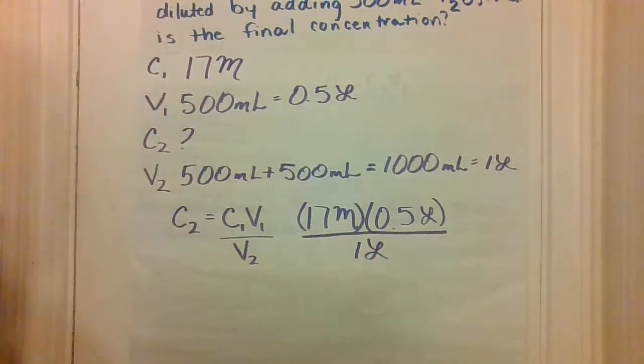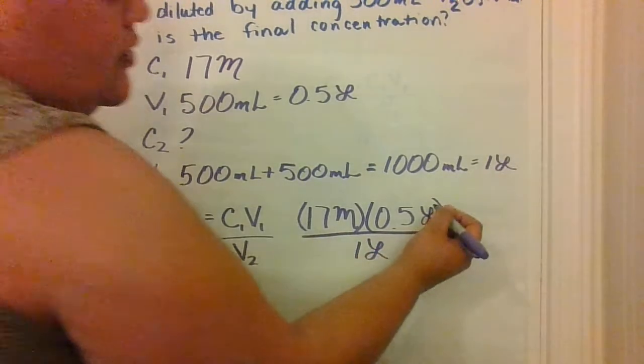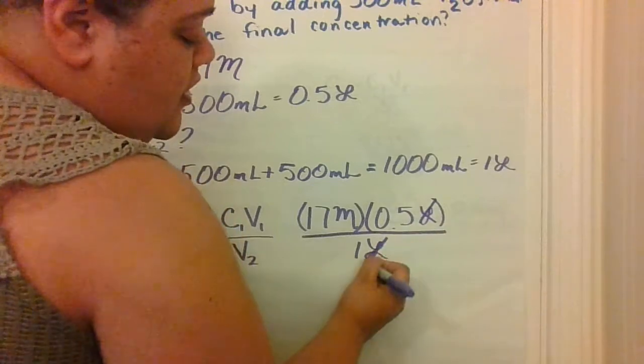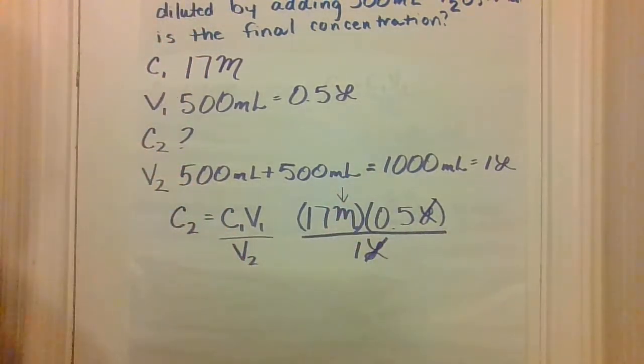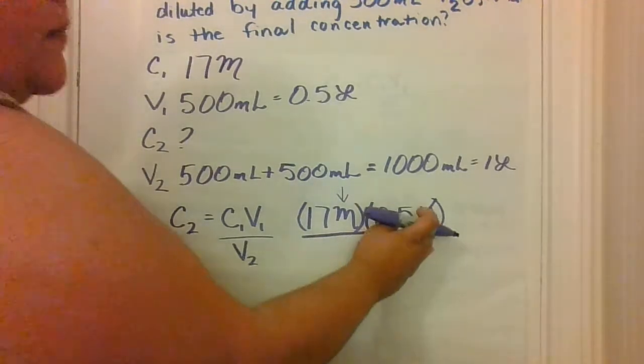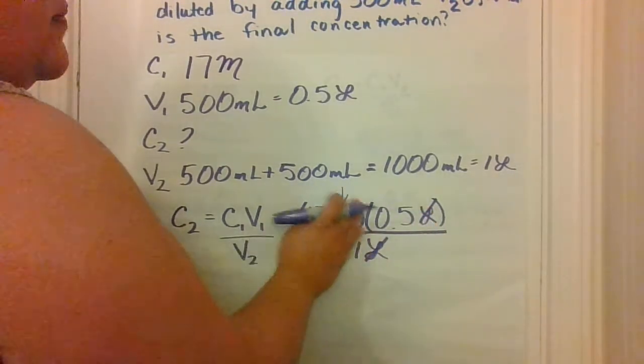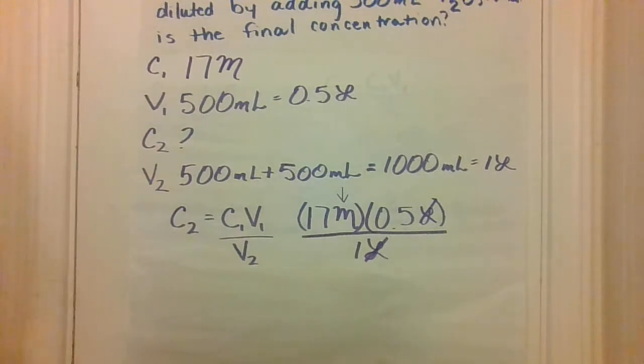Before we do any mathematics, make sure that you go back through and cross out any like terms to make sure the term that you need your answer in is actually what is remaining. So we cross out both liters and we're left with molarity, so we know that we have the right thing.